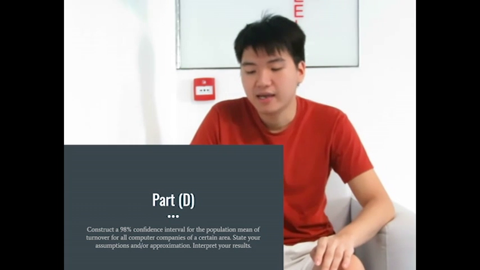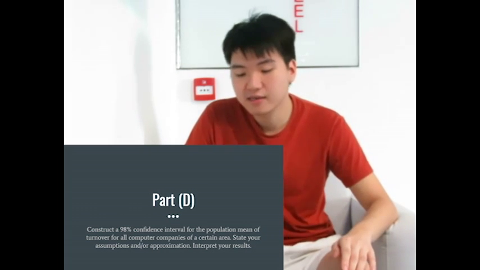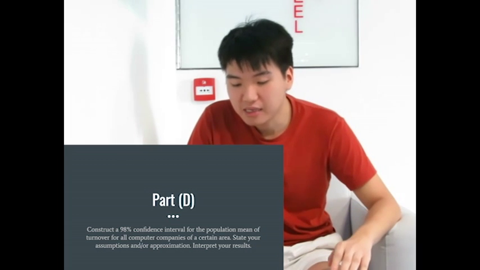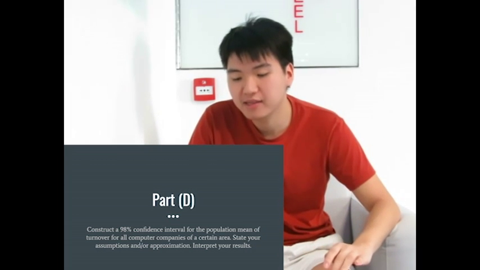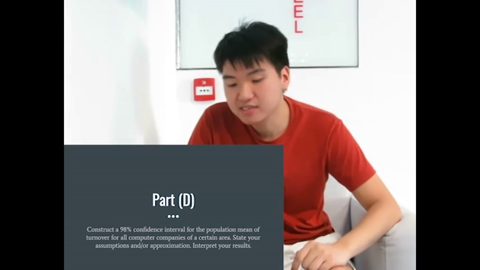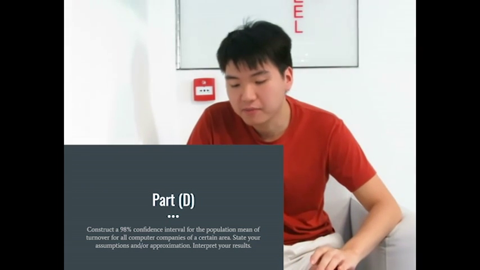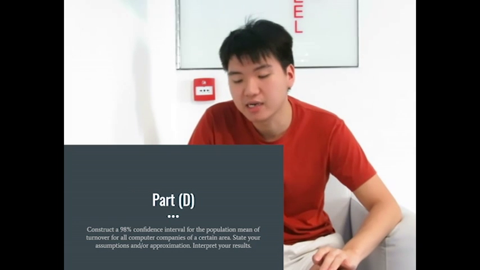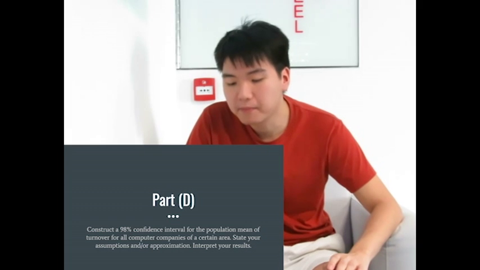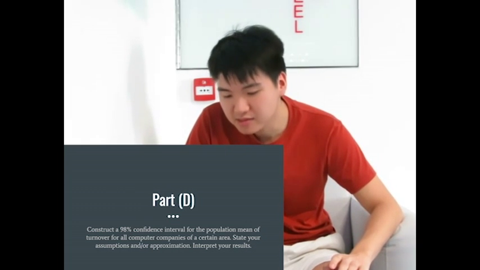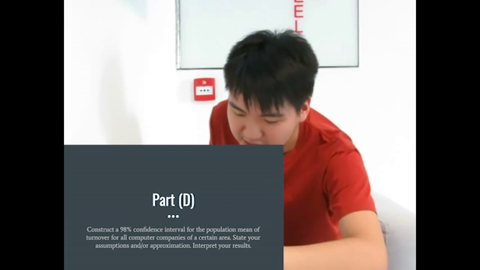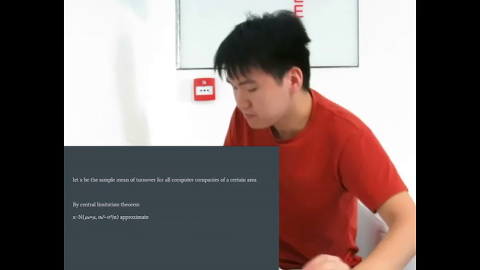I'm Kim Sang-Loi, and I will explain part D, and I will construct a 98% confidence interval for the population mean of turnover of all computer companies of a certain area, and state my assumption and approximation and interpret my answer.